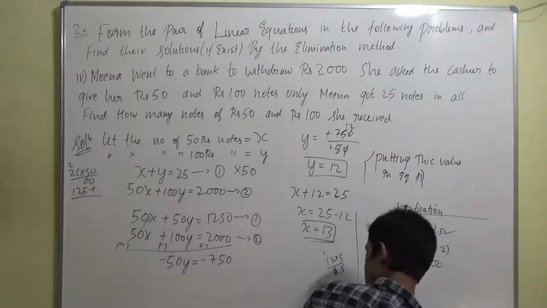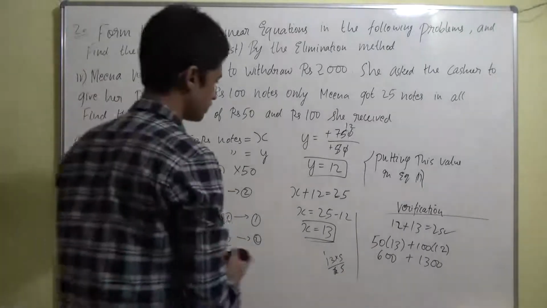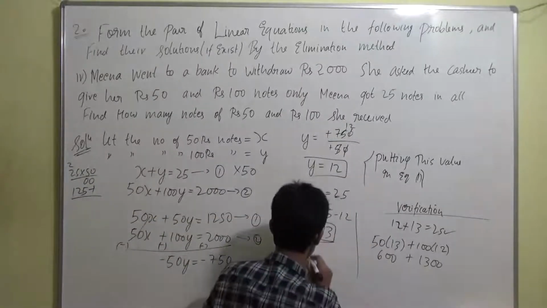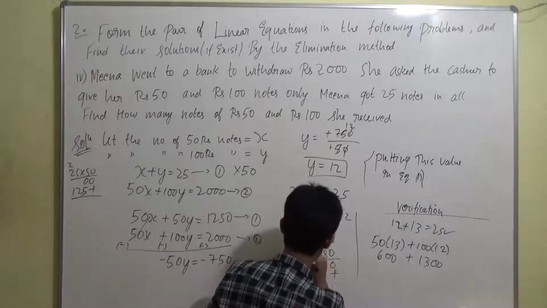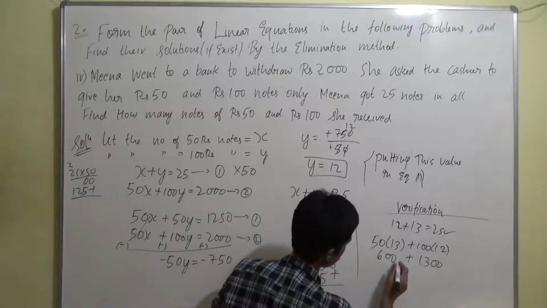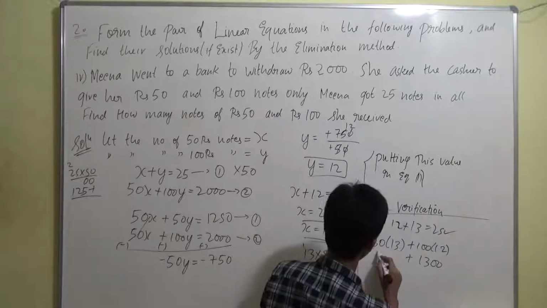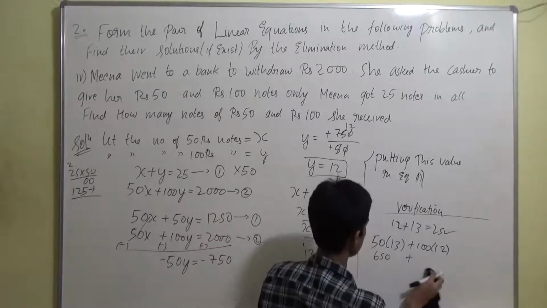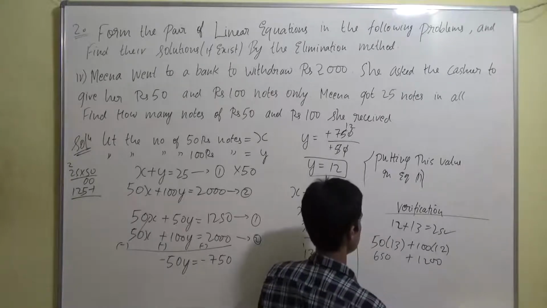Just a minute, guys. I'm getting a bit confused. Let me do it properly. We'll do 13 into 50. It becomes 650, and this will become equal to 1200, right?